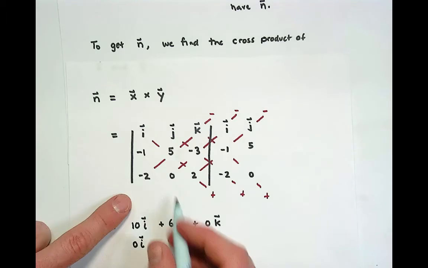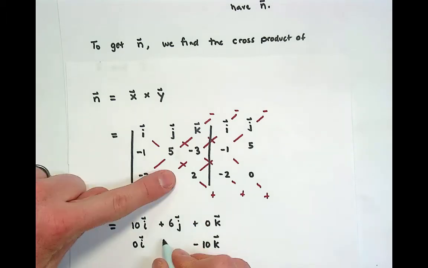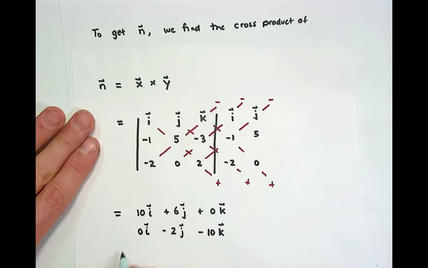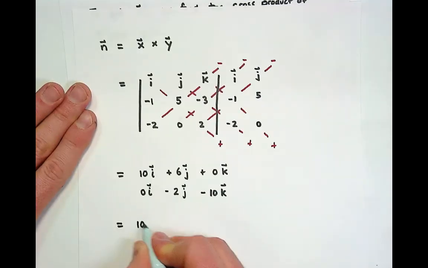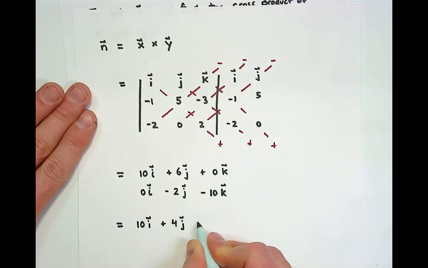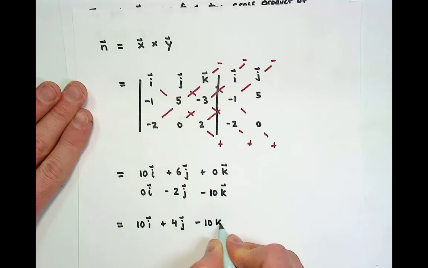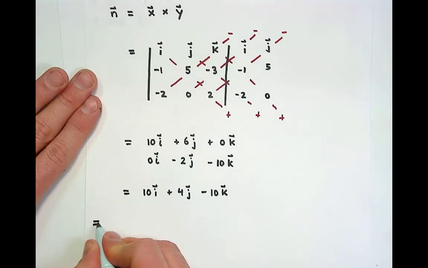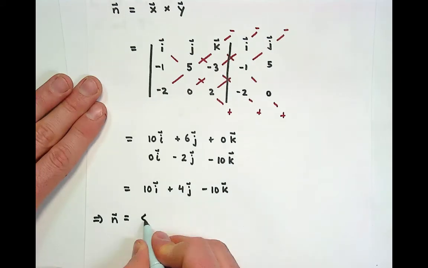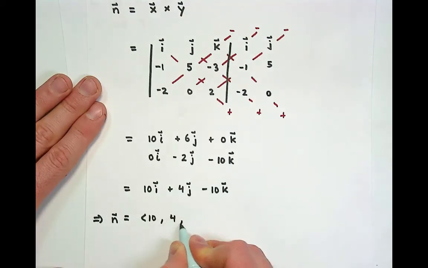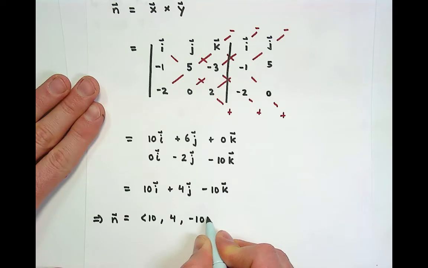It looks like it's going to be plus if you do two of them, but it's 0, so that doesn't matter. And then it looks like this would be minus 2j. When we combine all those together, we would get a normal vector that looked like 10i plus 4j minus 10k. And of course, this would be written in component form as 10, 4, negative 10.